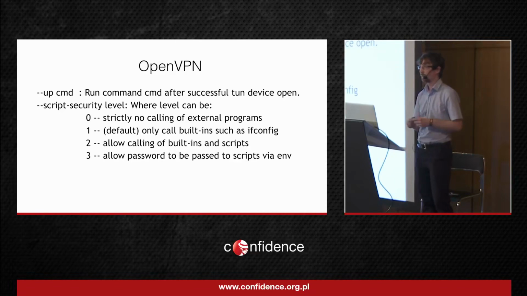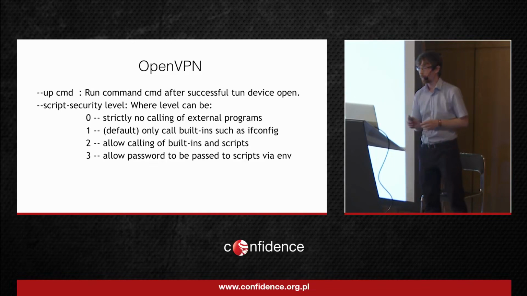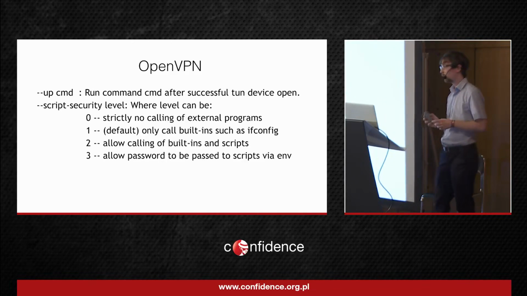So let's think about this. We have a service which is running as SYSTEM, and this service is executing OpenVPN as SYSTEM. OpenVPN is running as SYSTEM, so the up command will also be running as SYSTEM. So exploitation looks like this.